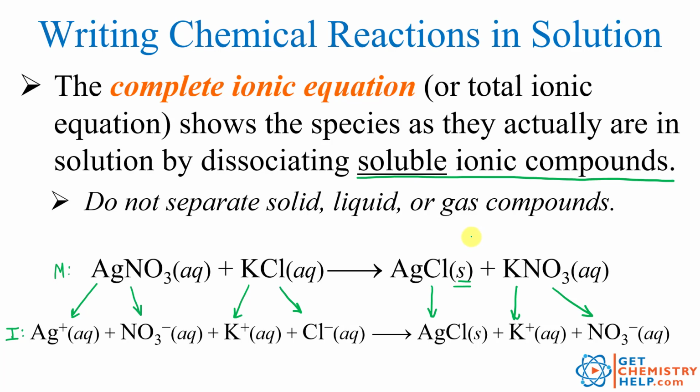Technically only strong electrolytes are the ones that are going to dissociate, things like strong acids and strong bases, and weak acids and weak bases, those you would not dissociate. That's another topic for another day, but I did just want to make mention of that. So for now, we're just going to treat any soluble ionic compound as something that we're going to dissociate into the ions. Okay, so now we have our complete ionic or our total ionic equation.